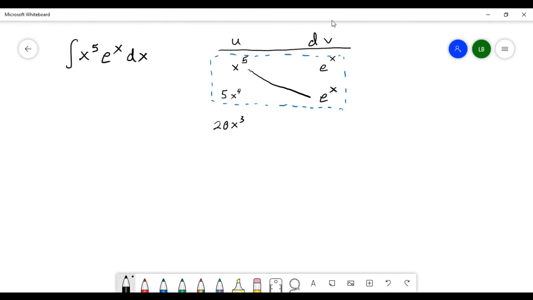And we would have a second box that overlaps with it for our second integral, and so on until we no longer need to do integration by parts. So that would keep going essentially until our u went to 0: 60x squared, 120x, 120. And then that would eventually go to 0.